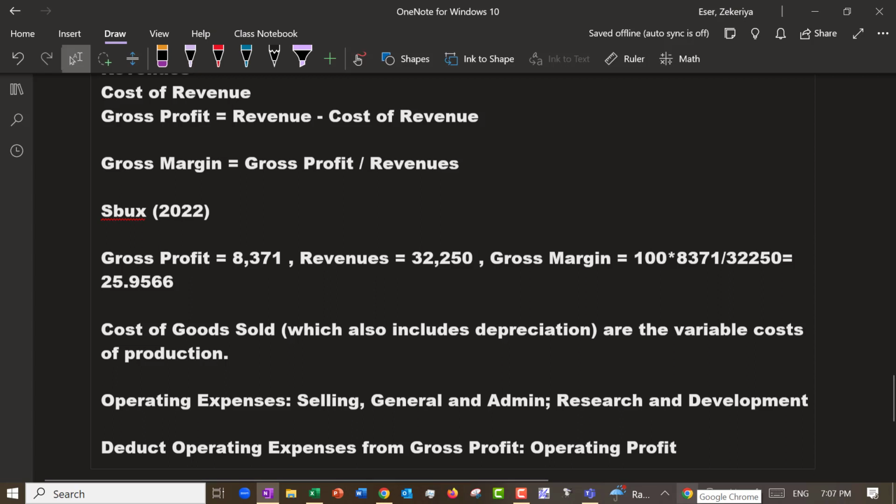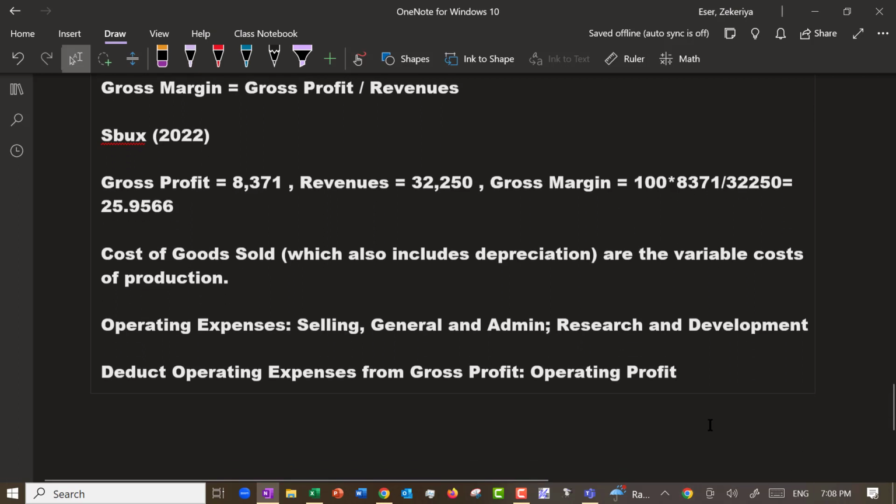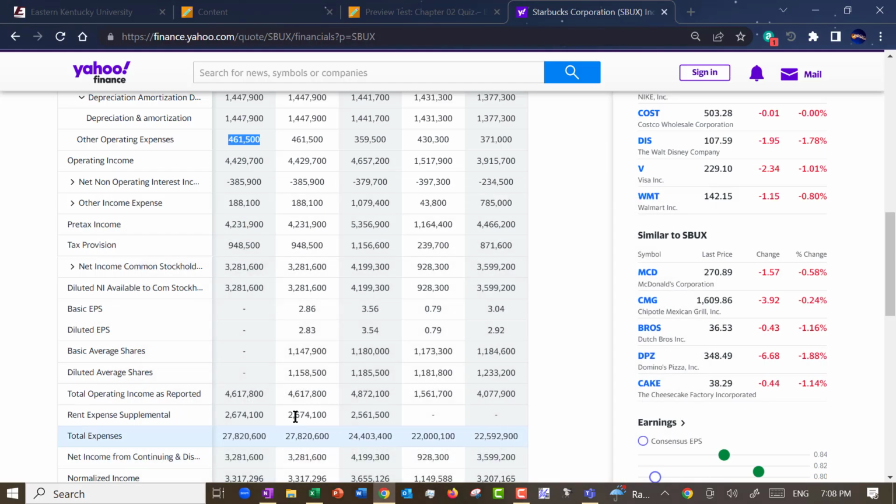This is the amount of money a firm earns before they have to worry about financial expenses and taxes. So obviously operating profit divided by revenue gives you operating margin. So where is the operating income?